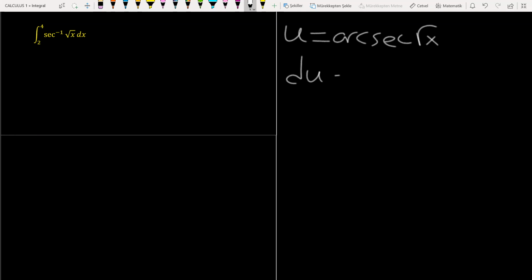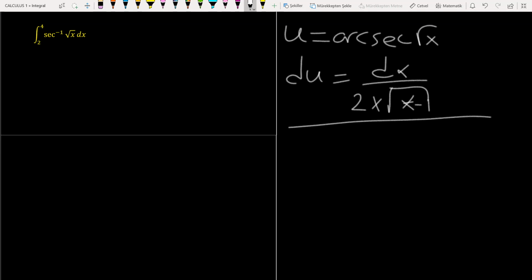Then du, if you differentiate both sides, du is equal to dx over 2x times square root of x minus 1. This is du. dv is the rest, which is of course dx, then v is x.